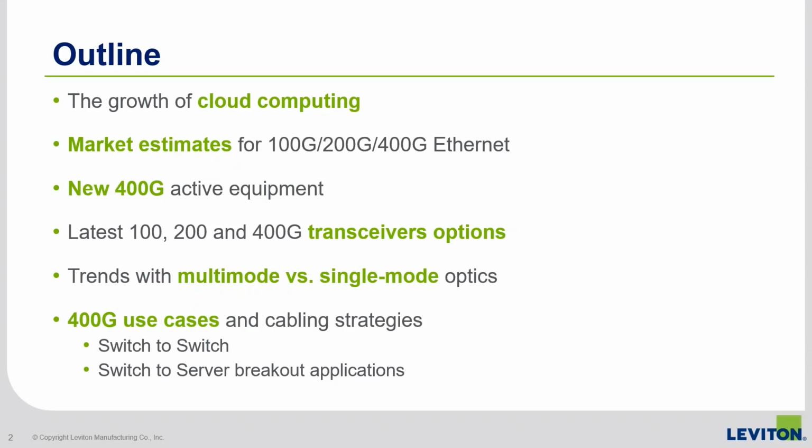Then we'll look at transceiver options, what is available today on 100 gig as well as 200 and 400, multi-mode, single-mode, and some of the options there. And then I'll go through some use case scenarios for 400 gig, such as switch to switch and switch to server breakouts. So hopefully you'll pick up a few things here.